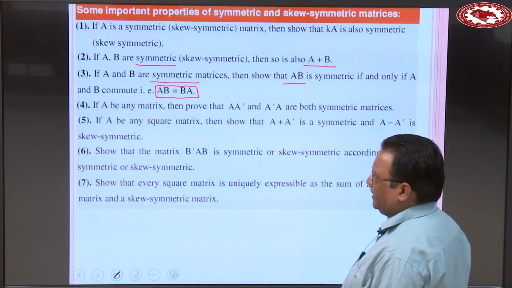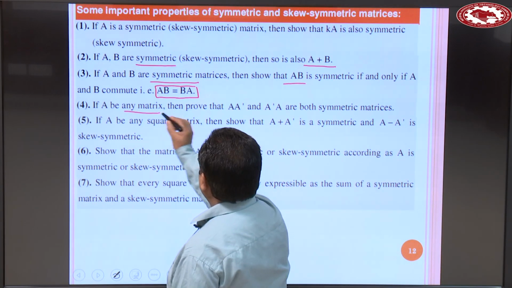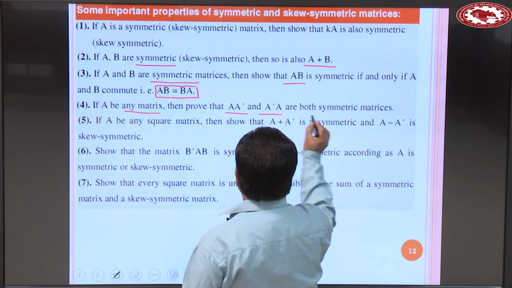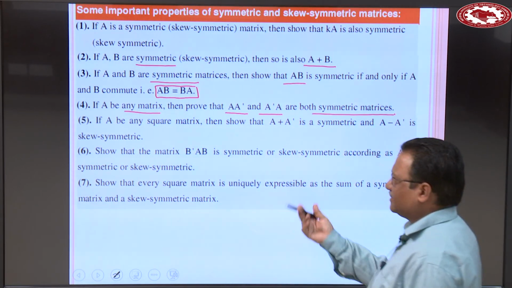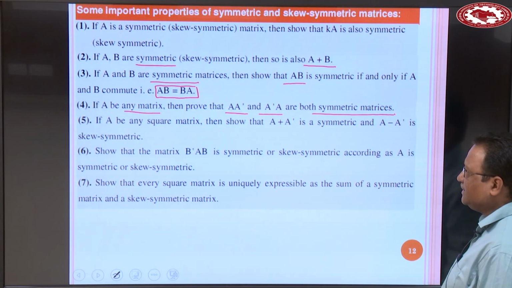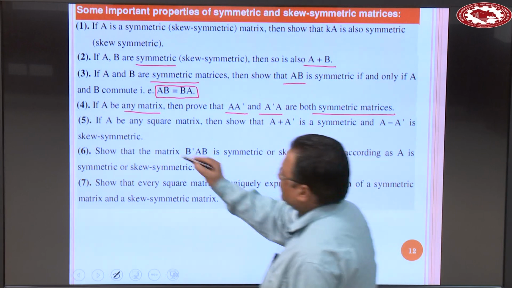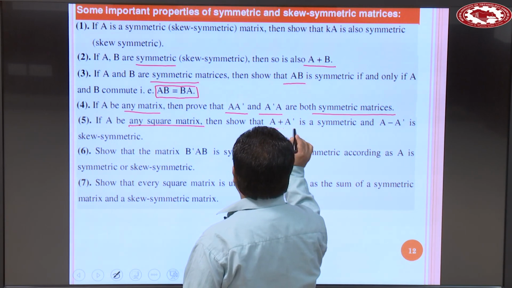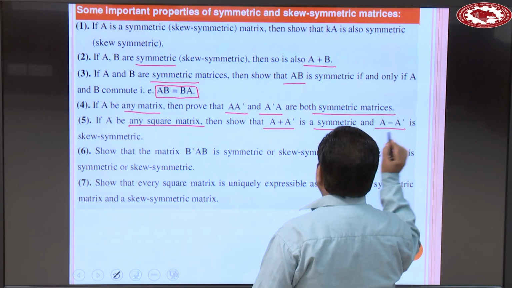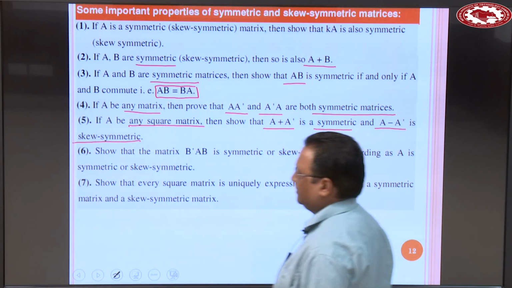Remember this result. If A and B are symmetric, then AB is symmetric if and only if AB is equal to BA. If A is any matrix, then A A dash and A dash A are both symmetric matrices. If A is any square matrix, then A plus A dash is symmetric and A minus A dash is skew symmetric.